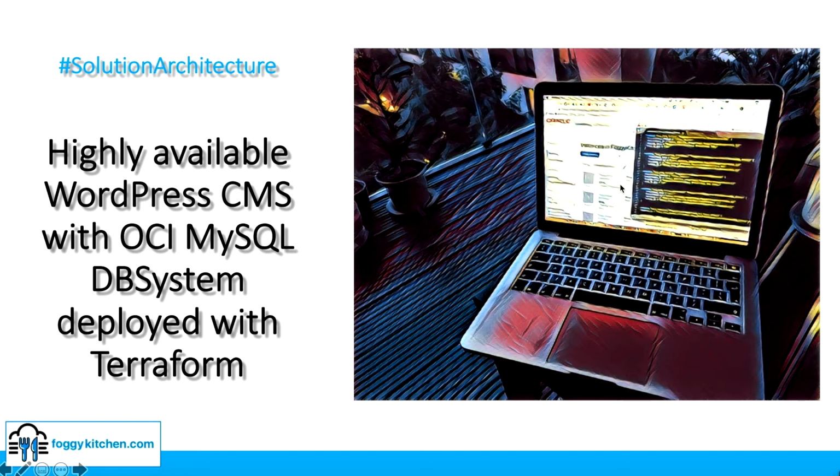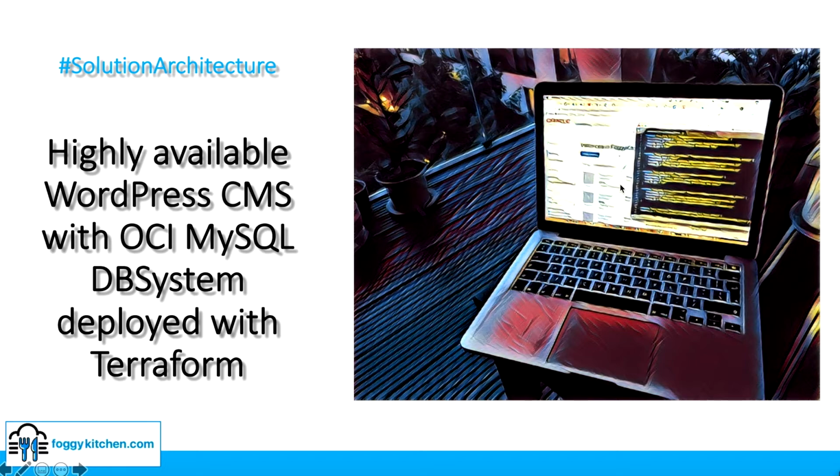For sharing the WordPress content directory, we will use NFS share provided by native OCI file storage services, which will be mounted on each WordPress node. For the persistent layer, we will also use MDS, MySQL Database System, as a native service in OCI.